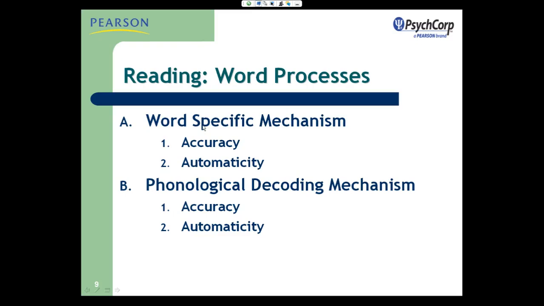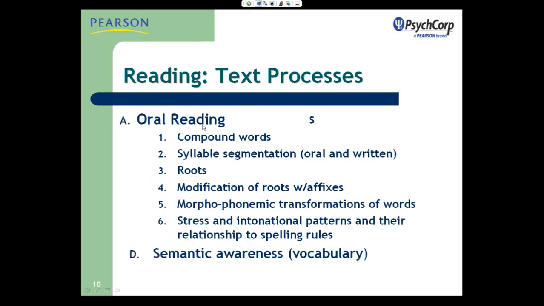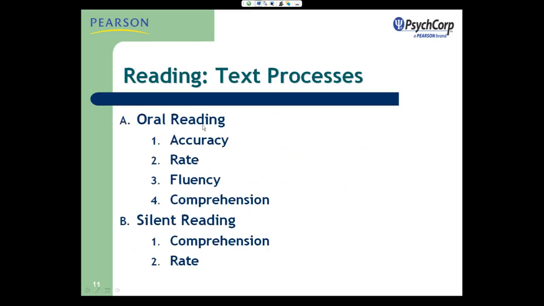It's at that word level. But at a higher level is connected text, looking at text and how you would use word combinations, maybe in sentences, maybe in paragraphs, maybe in discourse, if I wanted to write a narrative, for example, or if I wanted to read a narrative essay written by somebody else.